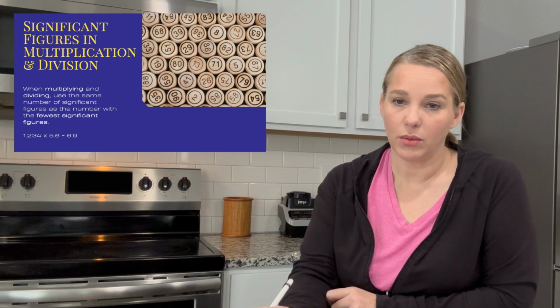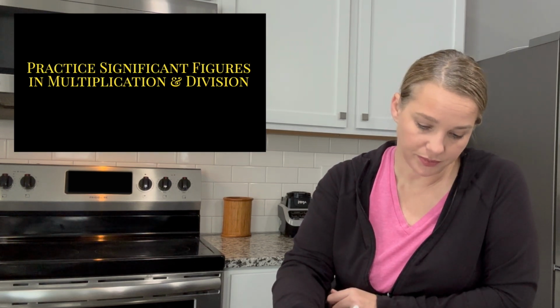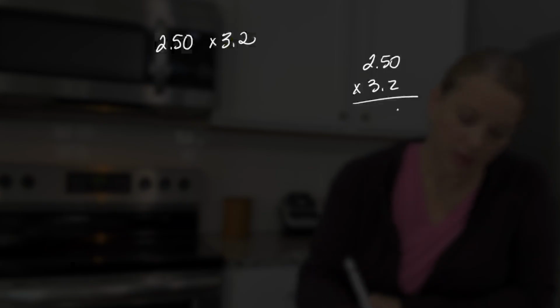So we're going to practice using significant figures in multiplication and division. If we multiply 2.50 times 3.2, we would do it normally. 2 times 0 is 0. 2 times 5 is 10. Carry the 1. 2 times 2 is 4 plus 1 is 5.